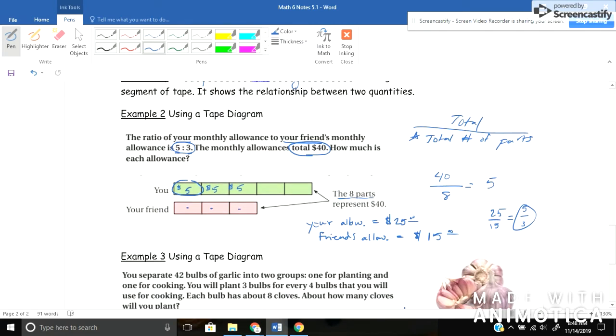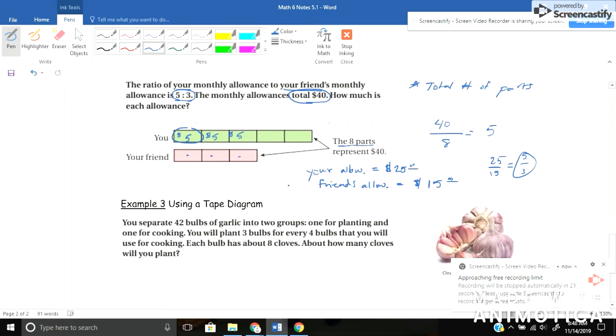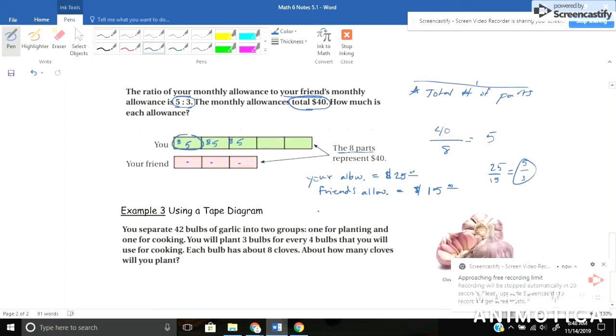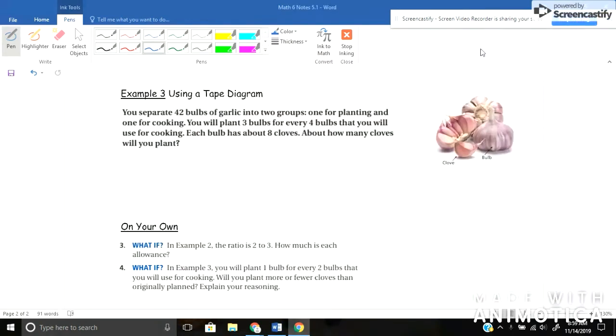So probably one of your first times seeing a tape diagram. We'll get some more practice with it with the next example and even on your own. So don't be too worried about it now. Just practice it. That's all it takes, and you'll get better. I see that I'm running out of time here, so I'll pause the video and come back with example 3.